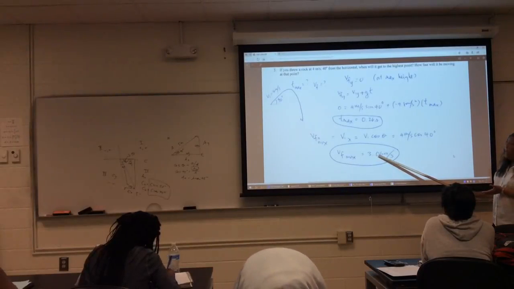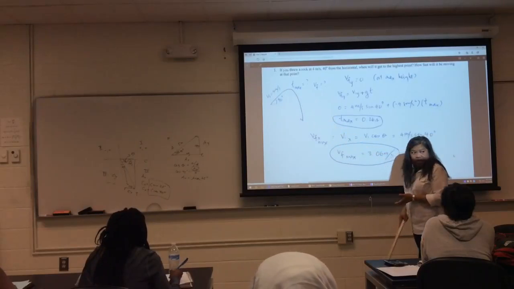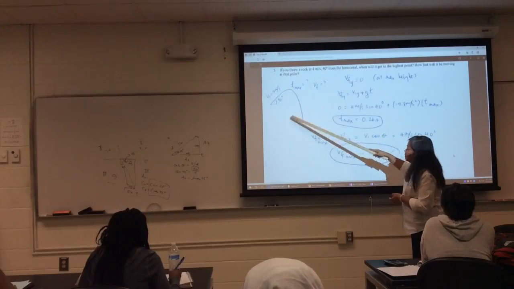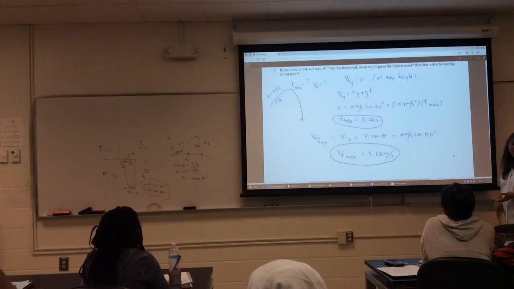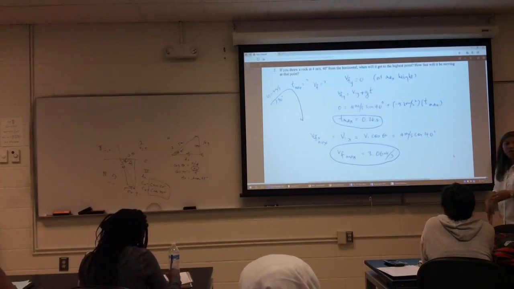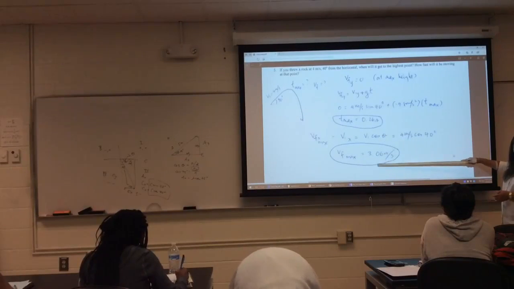Okay? Now, I sometimes see people saying the velocity here is 0. No, because if it is 0, it will just drop straight down. Okay? There is still some velocity that will enable it to move in a forward or horizontal direction. Okay? So that takes care of this part right here.